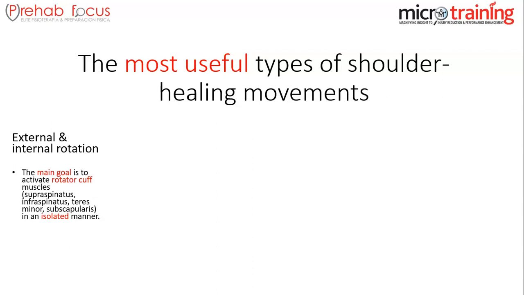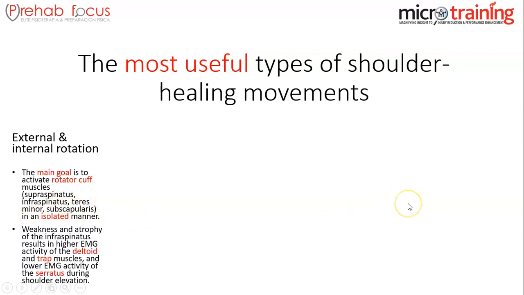So the main goal is to activate rotator cuff muscles, supraspinatus, infraspinatus, teres minor, subscapularis, in an isolated manner. Weakness and atrophy of the infraspinatus, studies show, results in higher EMG activity of the deltoid and trap muscles, and lower EMG activity of the serratus during shoulder elevation.